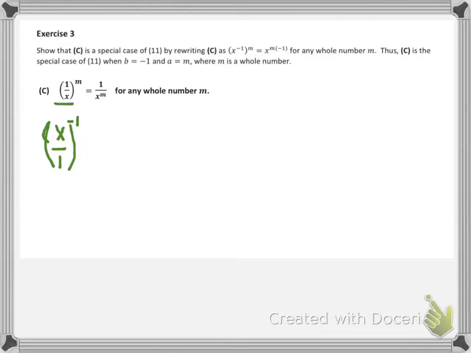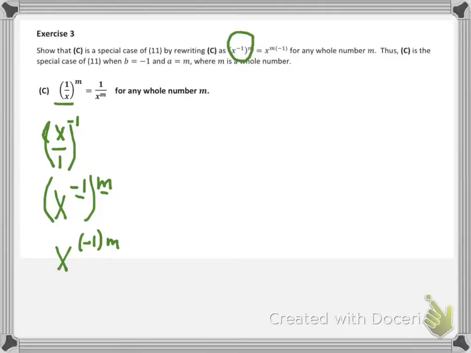So I have here x to the -1 on the left side, and that is all raised, remember, to the m power. And because we know that we have an exponent raised to another exponent, we can multiply those exponents. So I get x to the -1 times m. So that's what we were looking for, x to the -1 times m on the left side.